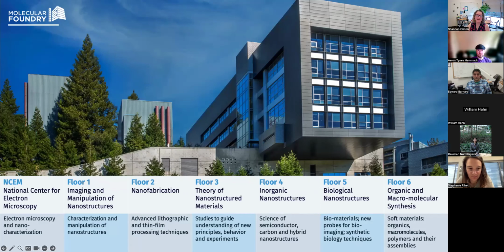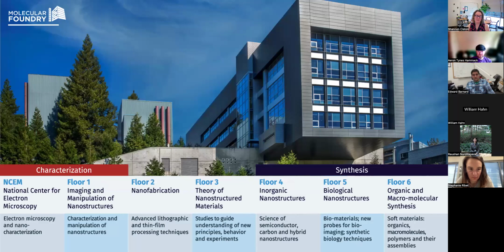We're structured in 7 technical facilities and then 1 overarching capability as well. Broadly speaking, we group these into synthesis, inorganic, biological, and organic synthesis of materials, characterization of materials through high-resolution transmission electron microscopy, and a variety of other modes of imaging and manipulation of nanostructures, a fabrication facility where people can create devices with features on the nano length scale, and also a theory facility to understand why materials behave the way they do at that length scale.